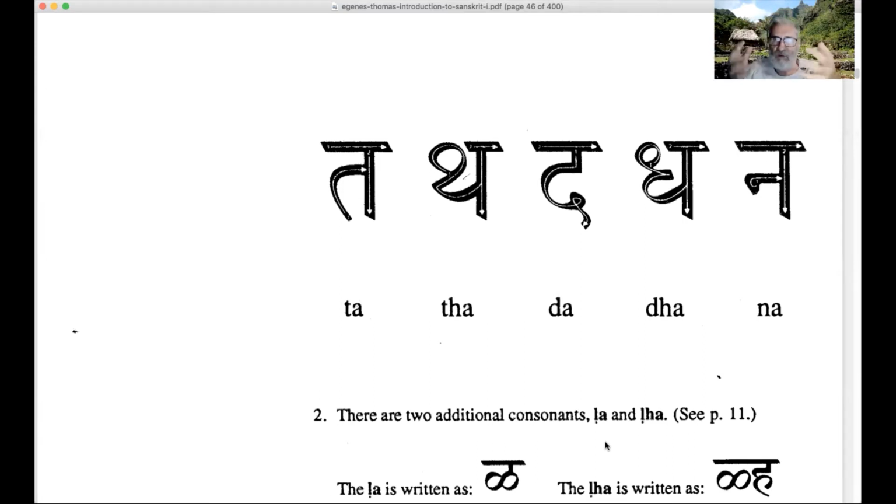They're just two ways of saying the same thing. Hard means there's less vibration of the vocal cords. Soft means there's more. Don't forget about soft and hard; think about voiced and unvoiced. So this is unvoiced and this is voiced. Voiced means more use of the vocal cords, more vibration of the vocal cords.